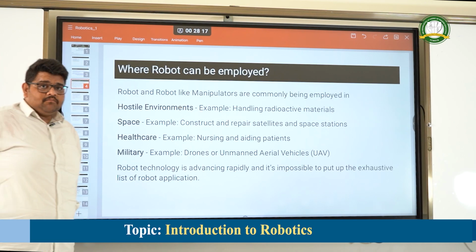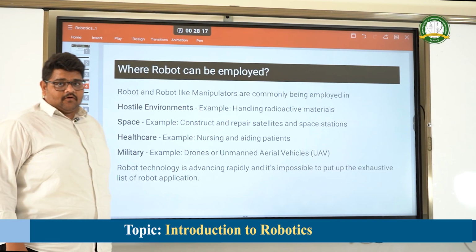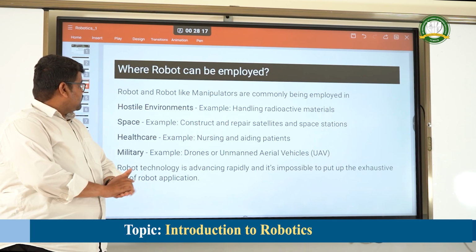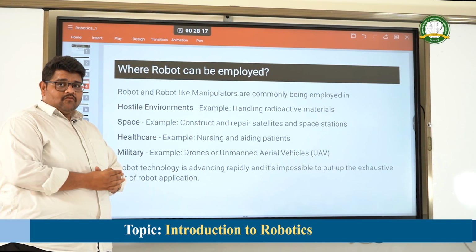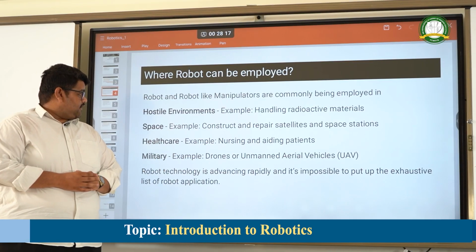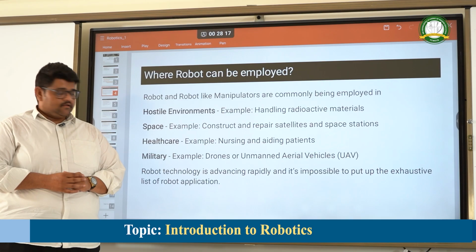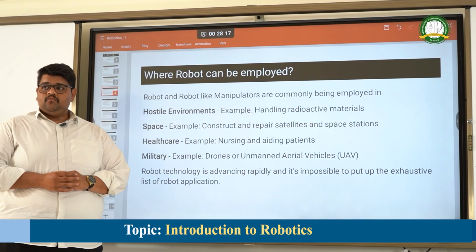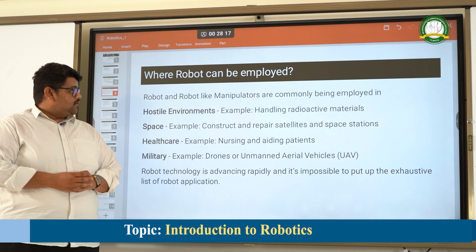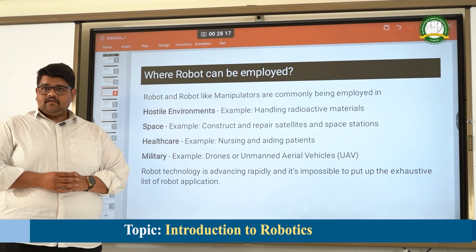One of the main types of robot that is commonly employed is called a robotic manipulator, and it is widely used in hostile environments, in military, space and healthcare. It is really hard to list all the robot applications because we have a variety of use cases.